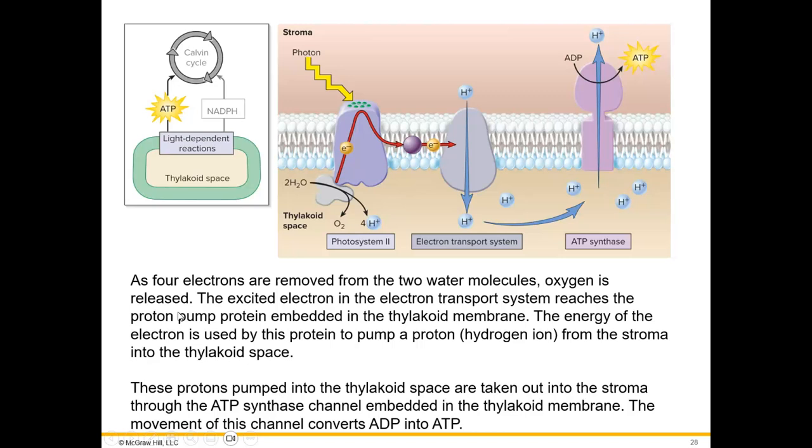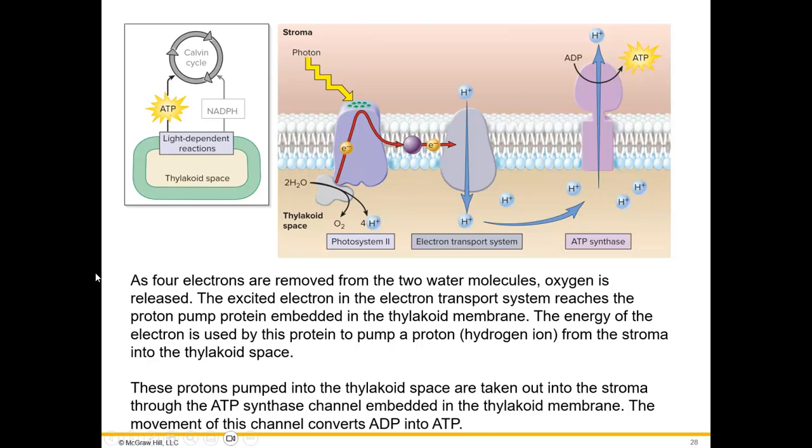So now we're looking at the same process. We still have photosystem 2, our electron transport system, that ATP synthase channel that's happening at the end of our electron transport system. We're just really going over this repetitively to make sure that we can remember all of the different steps through photosynthesis.